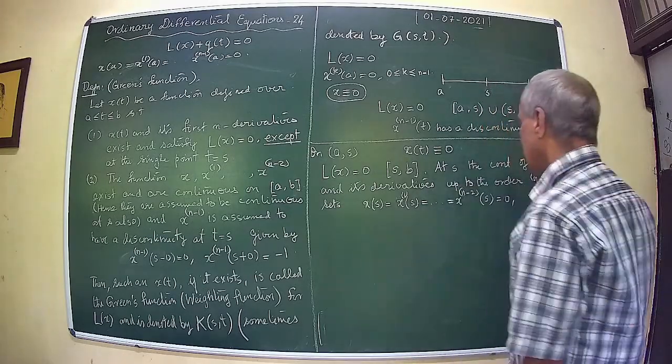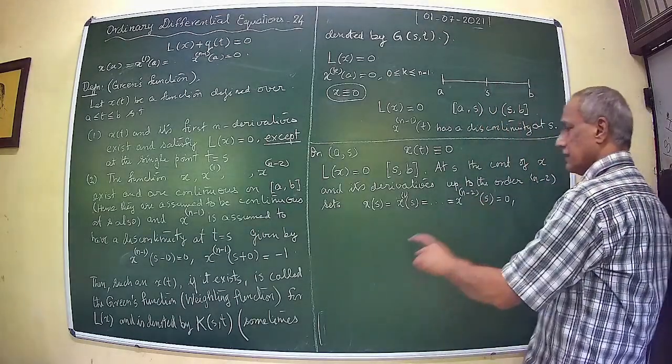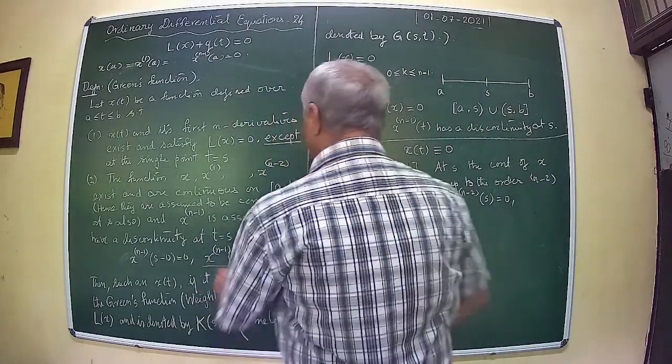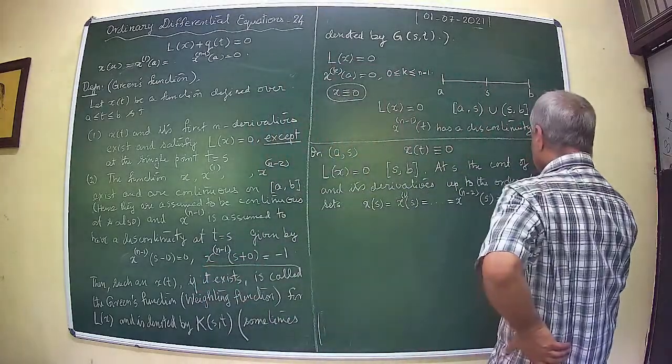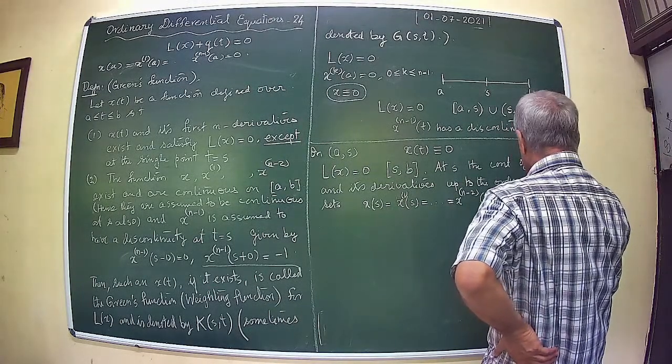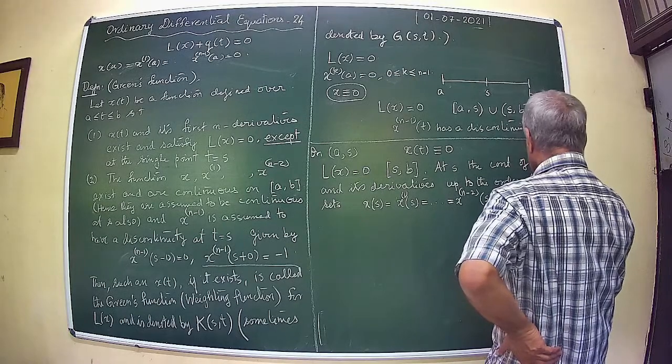And what about the n minus first derivative? N minus first derivative is not equal to 0. That is the condition: x n minus first derivative at S.